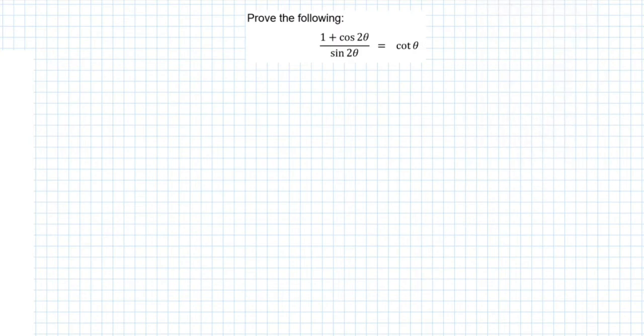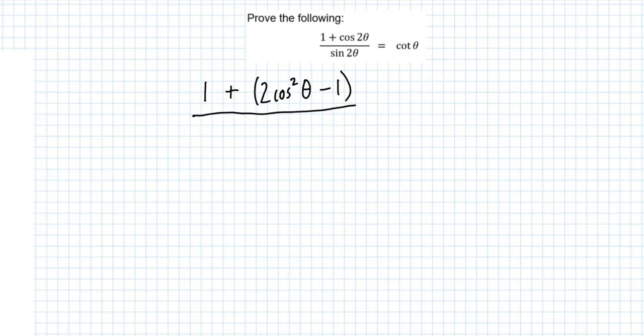The very first thing we're going to do is we're going to rewrite the left side. So 1 plus, now using that identity, we said it's equal to 2 cosine squared theta minus 1. That's the substitution, everything inside the brackets. The denominator is 2 sine theta cosine theta.